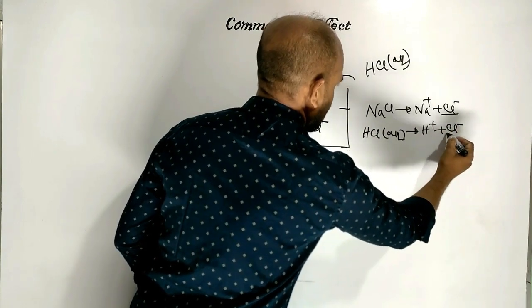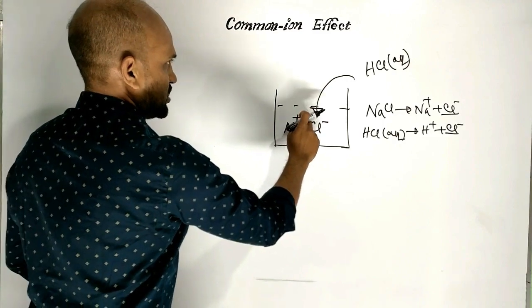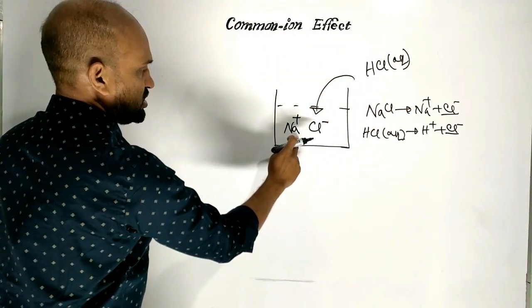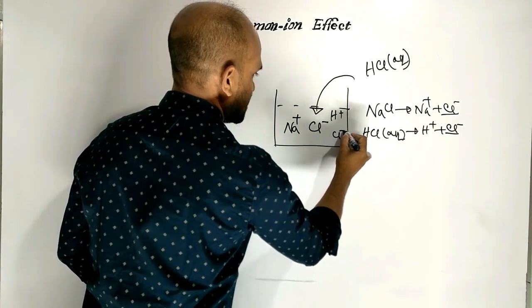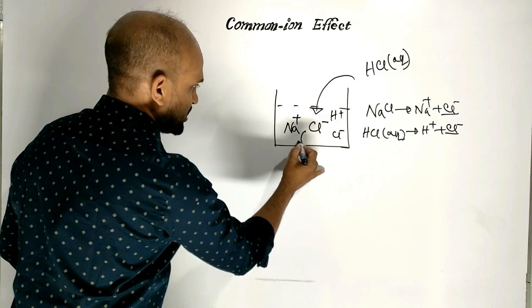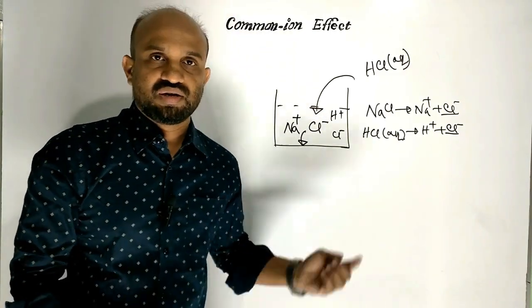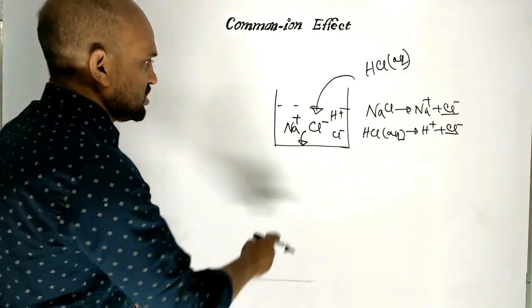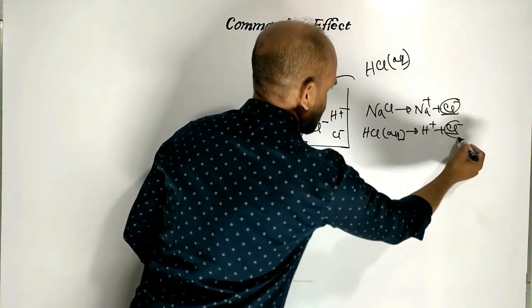Here common ion is chloride ion. So when hydrochloric acid is added to the solution of sodium chloride, due to common ion effect, sodium chloride crystallizes quickly. So here crystallization of sodium chloride occurs due to the common ion effect, chloride ion.